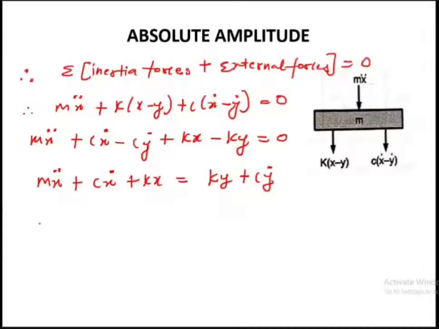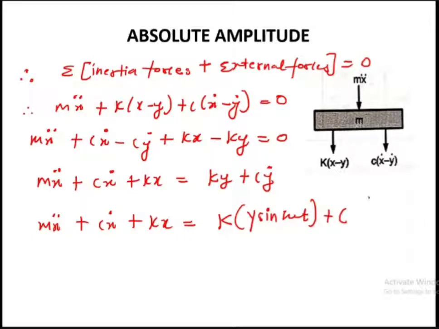I am getting m x double dot plus c x dot plus k x is equal to k into what is this y? This is basically small y. So small y is equal to capital Y sin omega t, plus c into what is y dot? Y dot is nothing but the capital Y into omega cos omega t.